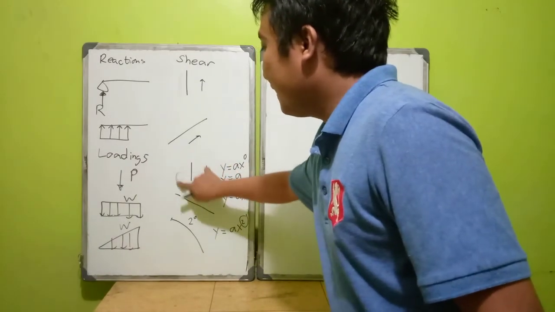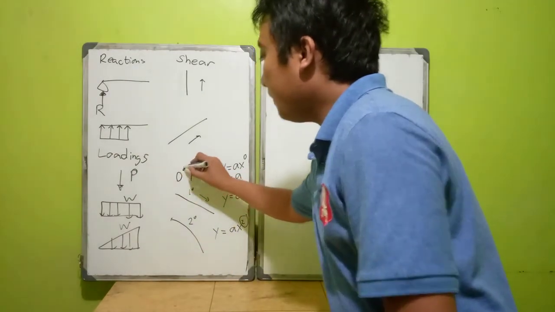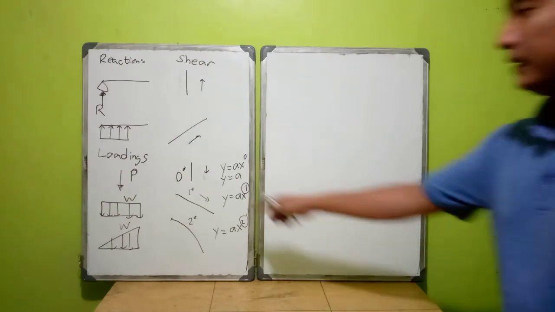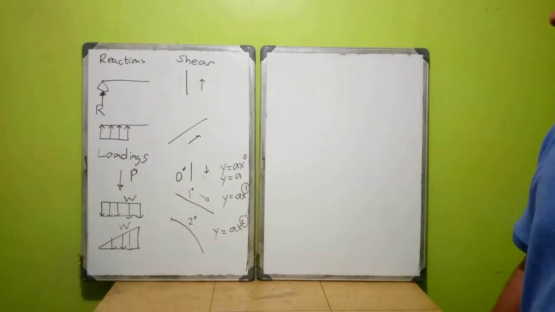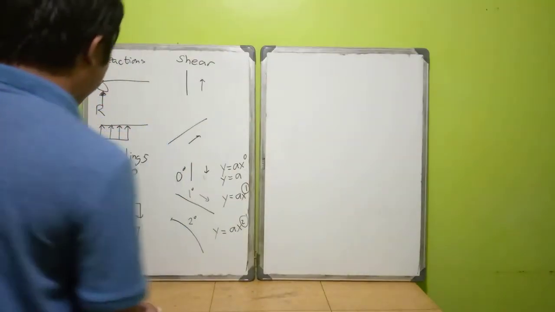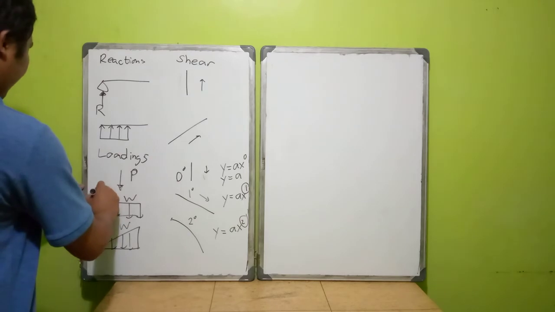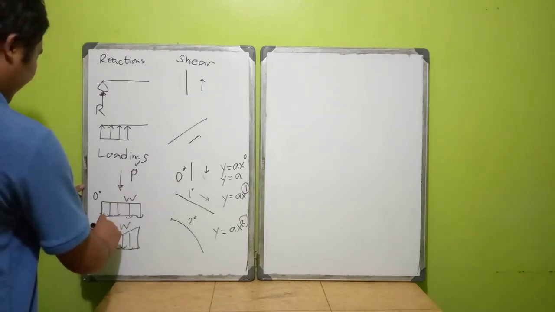A vertical line, whether you stroke it upward or downward, is 0 degrees. Here it is 1 degree. And this W, since it is horizontal, could also be 0 degrees, and here it is 1 degree.